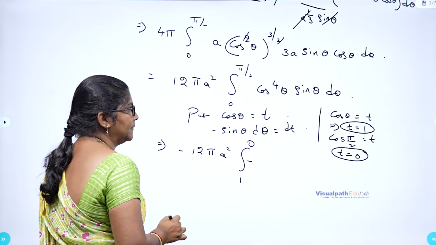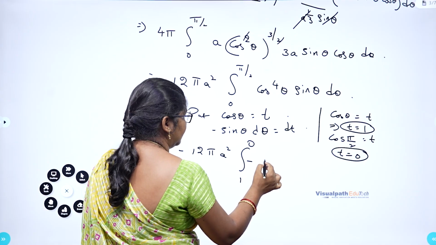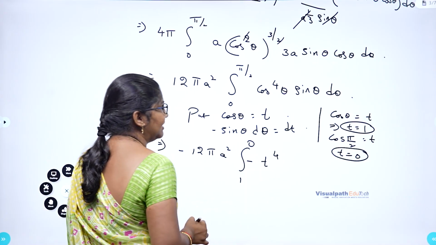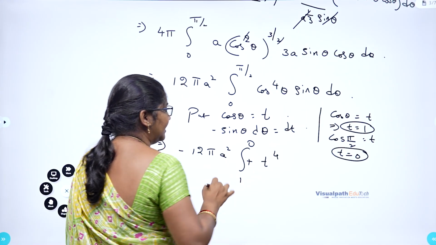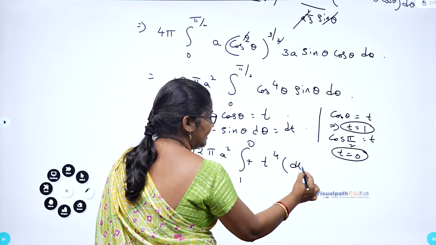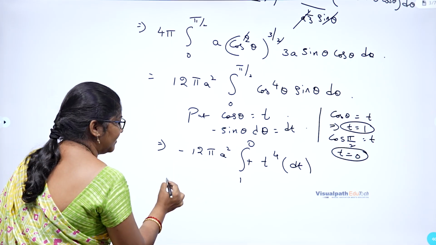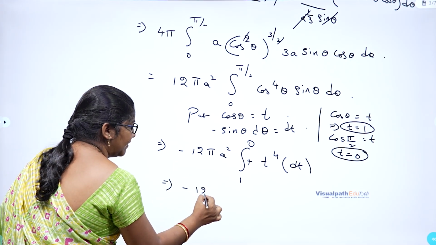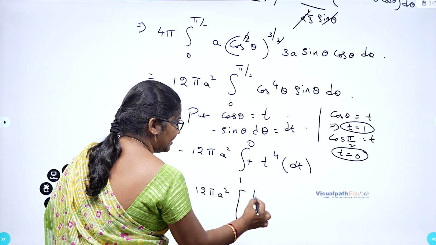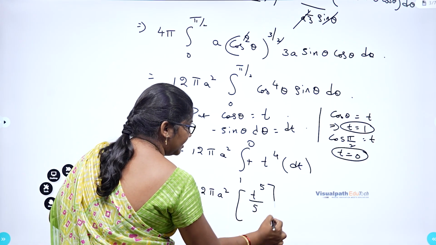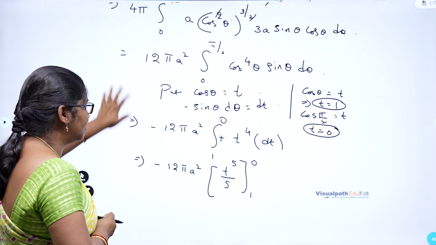Minus I am applying, minus t⁴. This is plus. Why? Because −sin θ dθ is equal to dt. Completely we remain with this simplification, −12πa². Integration will be t⁵/5, 1 to 0.